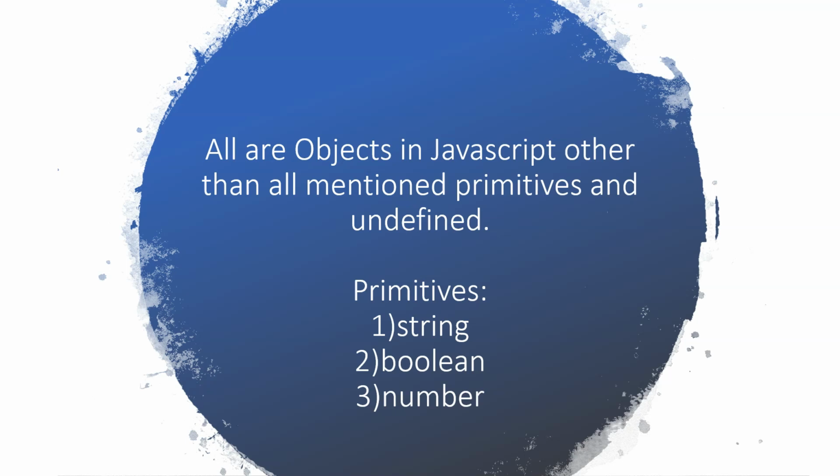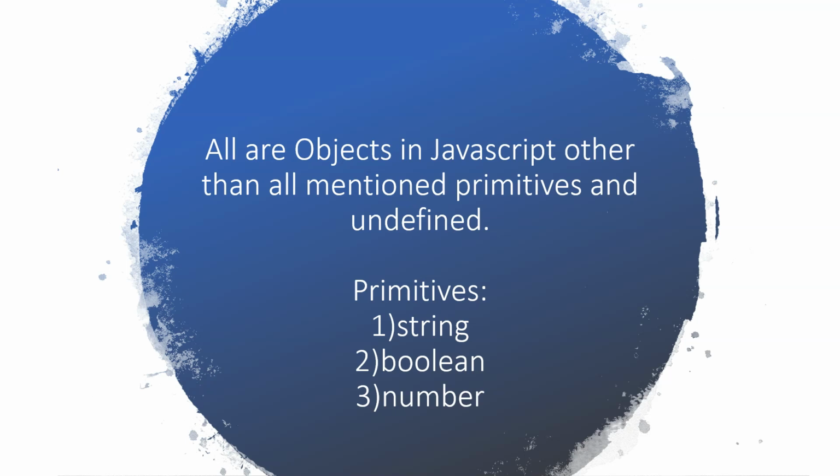So there is no particular data type for arrays or functions or anything else. Internally, JavaScript will interpret only objects. That's why even functions are called first class objects. Arrays are internally converted as objects. So understand this very clearly.